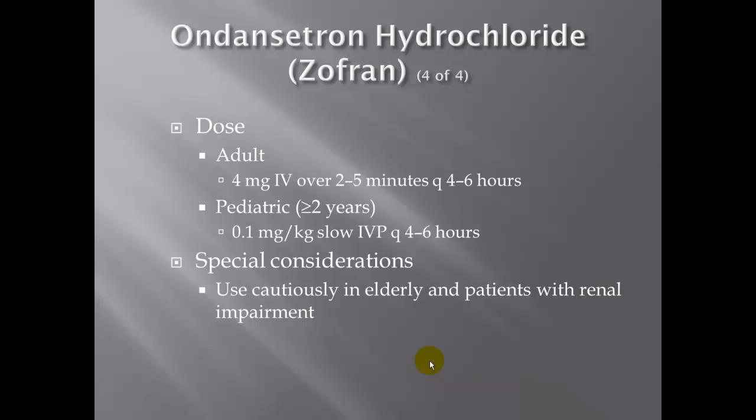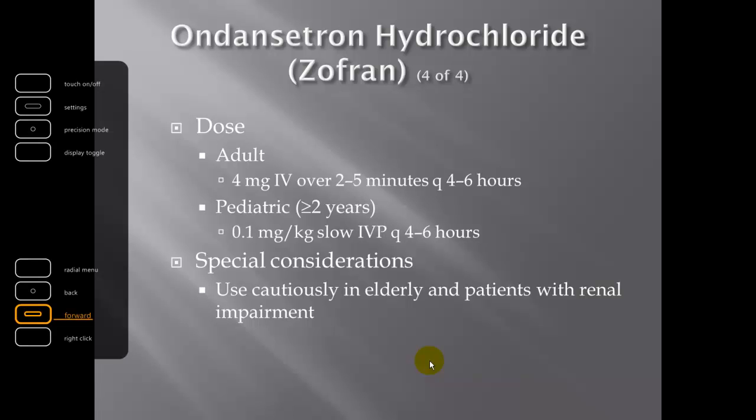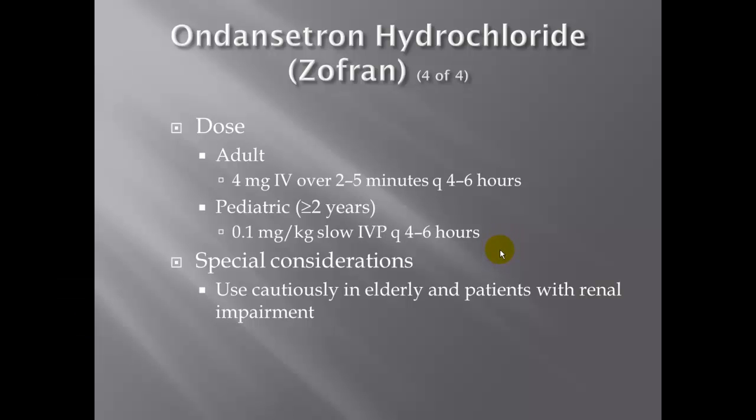Special considerations: use cautiously in elderly and patients with renal impairment. Zofran, for the most part, is a very good drug. The other drugs in this list tend to give you extrapyramidal symptoms sometimes in specific patients. Ondansetron, or Zofran, will not give you extrapyramidal symptoms.